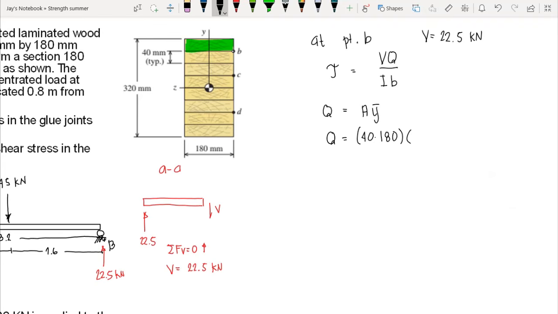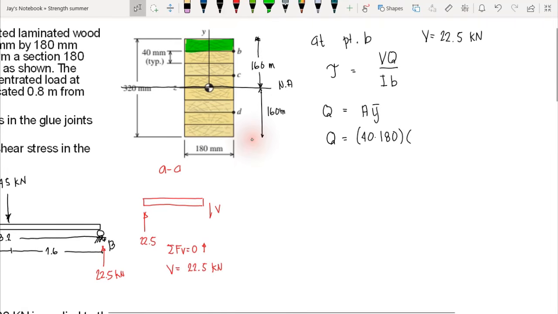Now the barred Y here, we have to locate first our neutral axis. Since this is a rectangular beam, 320 divided by 2, we have 160. So our axis is located at half of 320, that is 160 from the bottom and top surface. So we have now our barred Y, that is the distance from the centroid to the neutral axis.